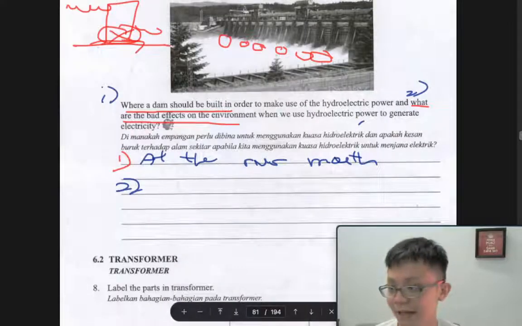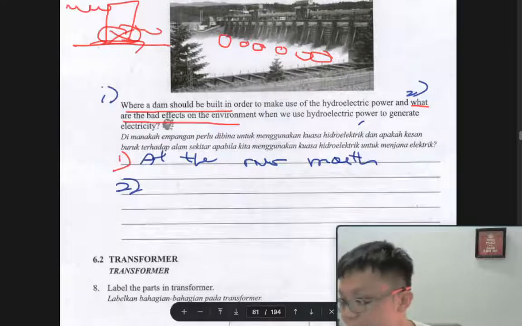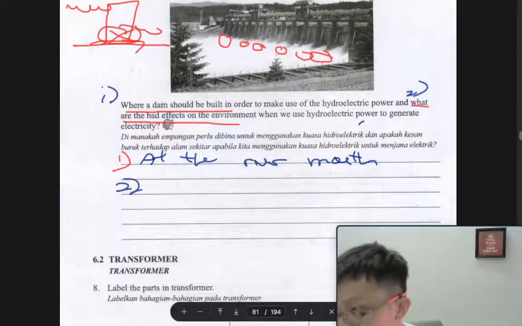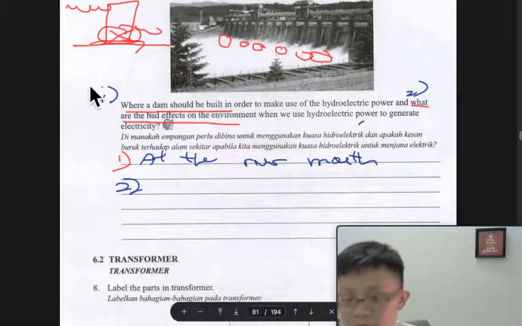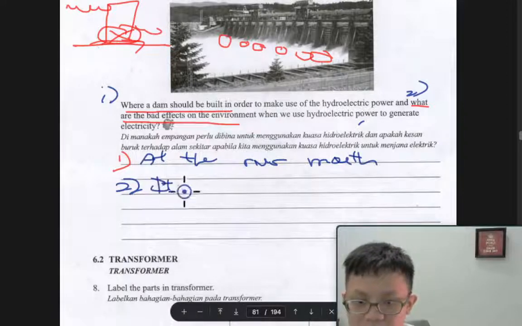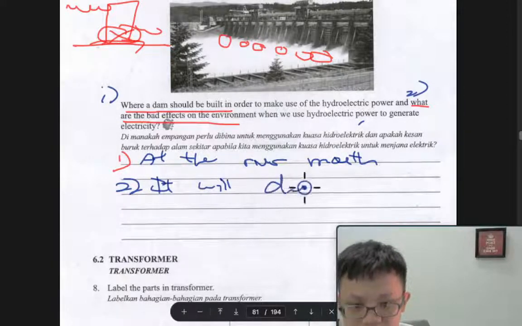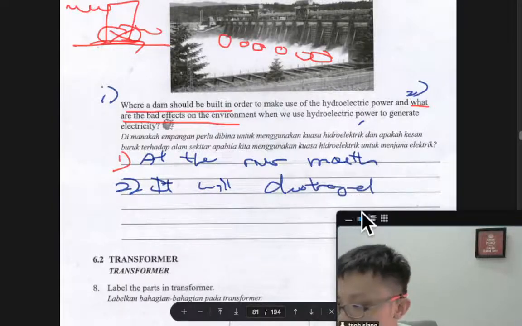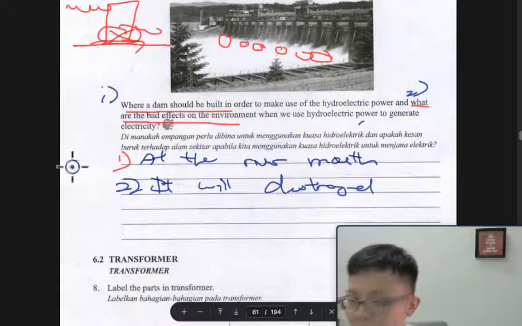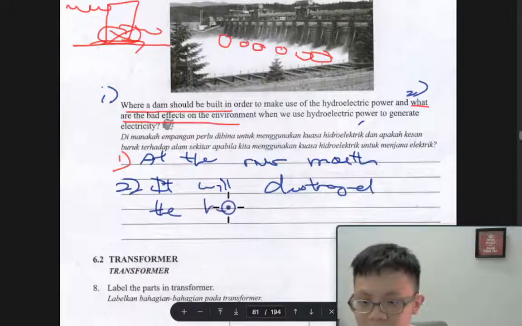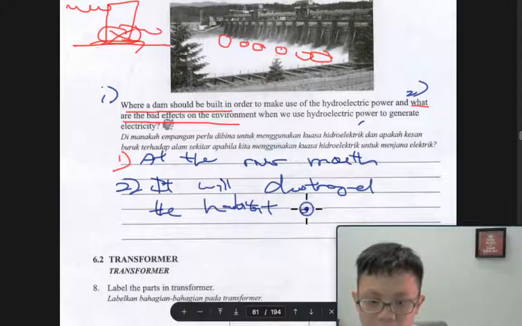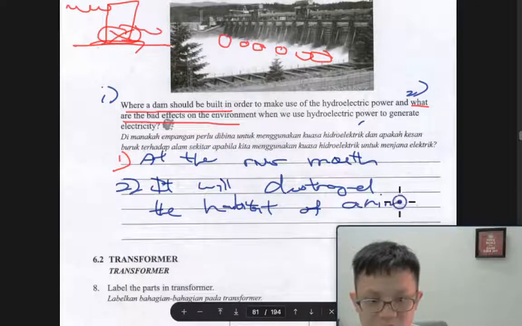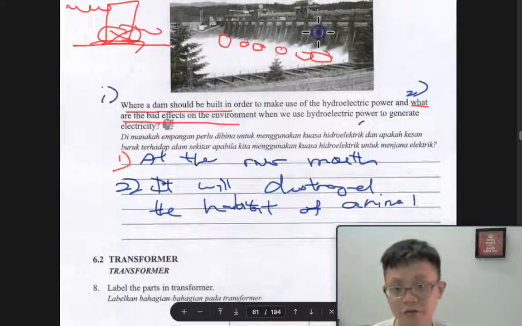So we can say that wildlife, it will destroy the habitat of animals. For example, many land will be destroyed if you build the hydroelectric.